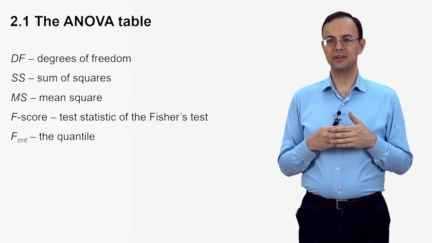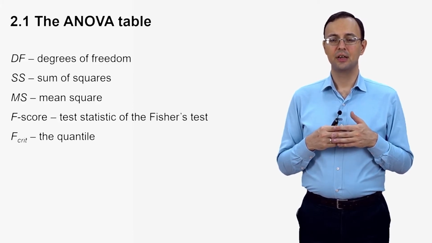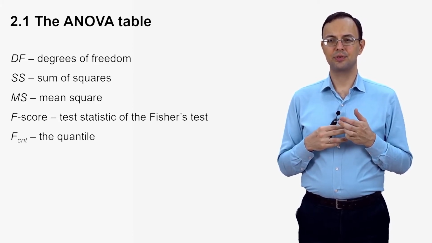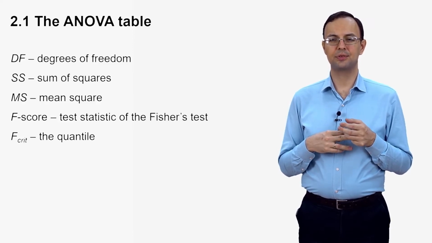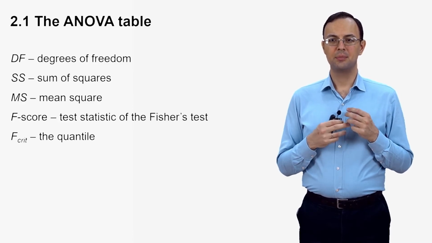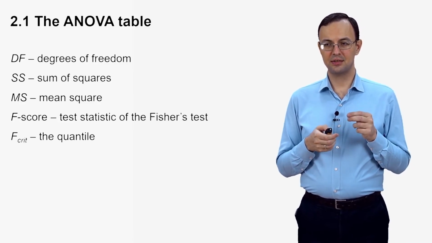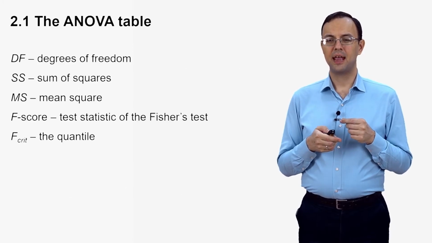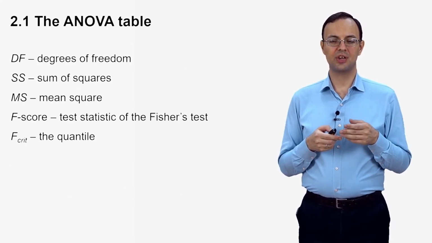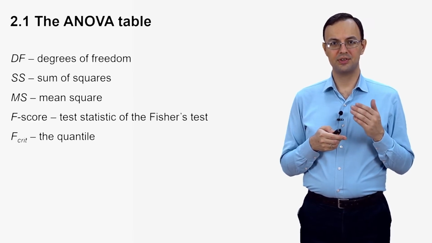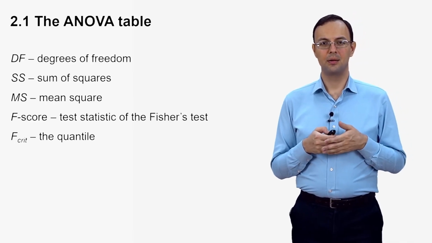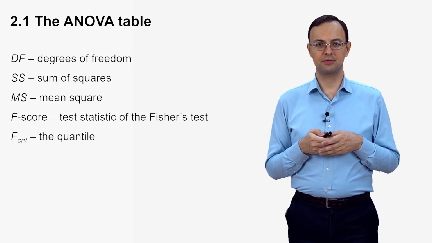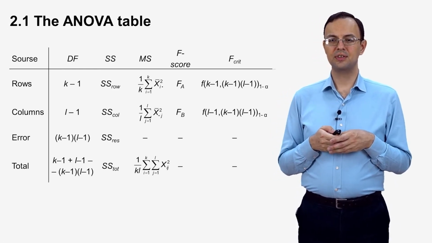I'll show you the table now, and the abbreviations used there: DF is for degrees of freedom, SS is for sum of squares, MS is for the mean square, F score means the test statistic of the Fisher's test, so these FA and FB, and F critical is the quantile that separates the acceptance region from the critical region. And this is the table.